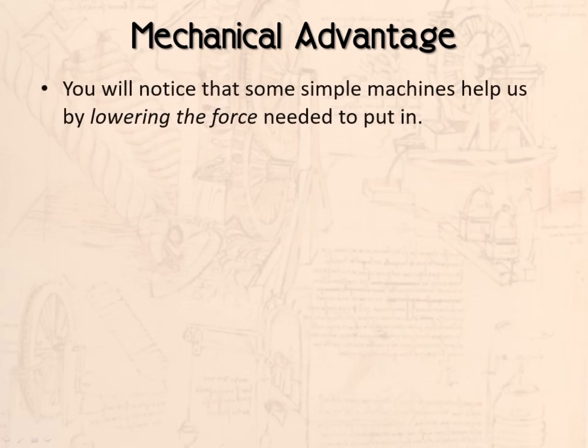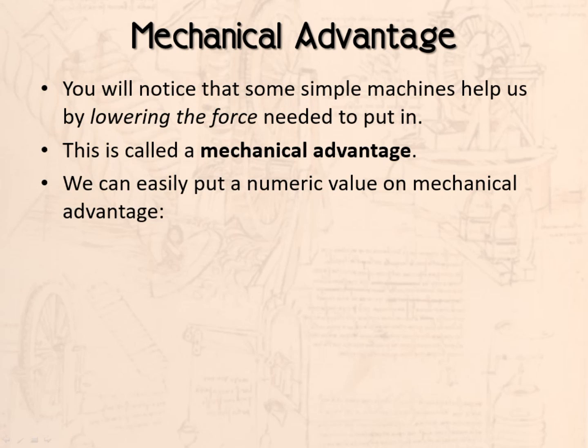If we're talking about machines and the way they apply forces, then we should also talk about mechanical advantage. You will see that some simple machines help us by lowering the force, the amount of energy we need to put in with our muscles or with some other means. This is what we call mechanical advantage, and we can calculate it.